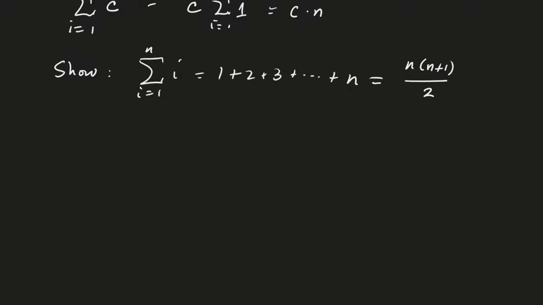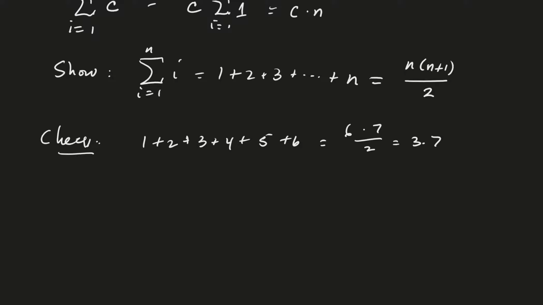By the way, just to double check this is true, suppose I take 1 plus 2 plus 3 plus 4 plus 5 plus 6. What I'm saying is that should be 6 times 7 divided by 2, which is 3 times 7. Is that actually 21? Let's see, that's 3 times 7, so that's 10 plus 11 is 21.